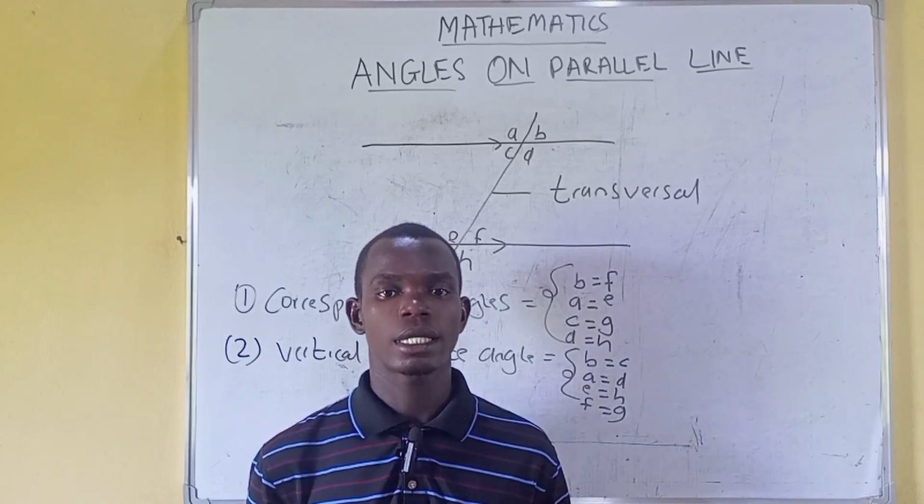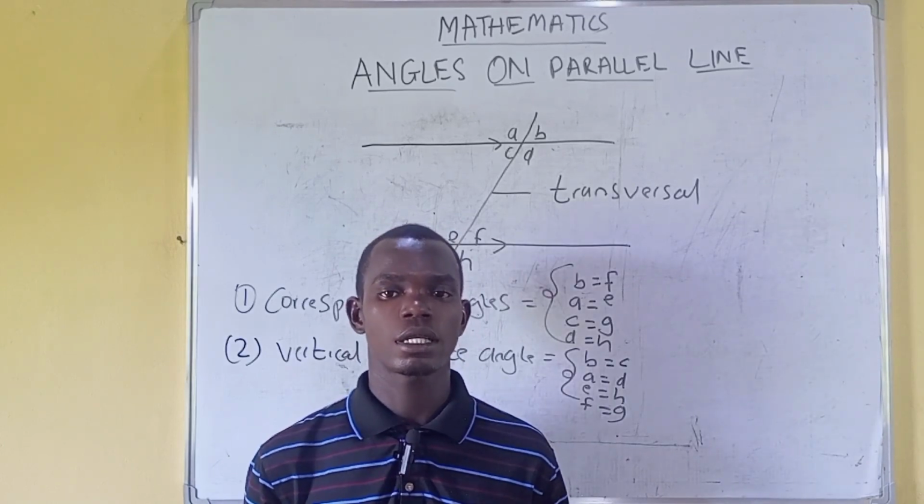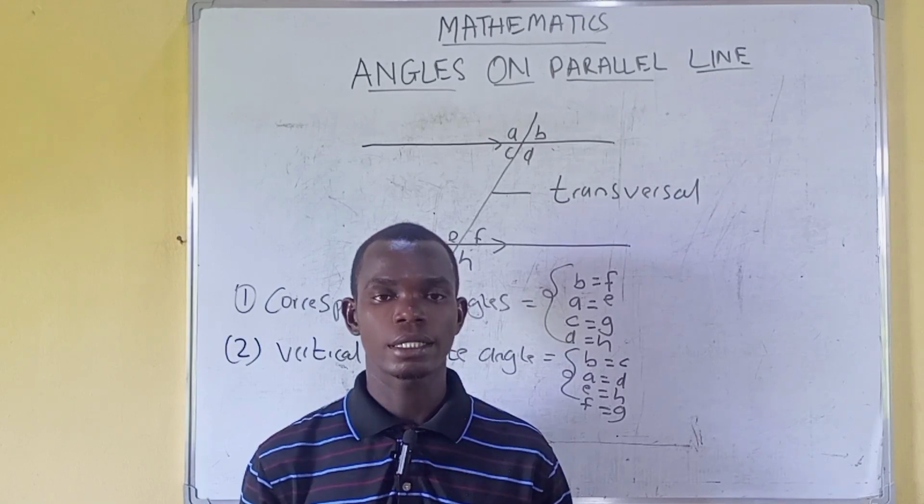These are angles that are on opposite sides of a transversal within a parallel line, and they are equal.